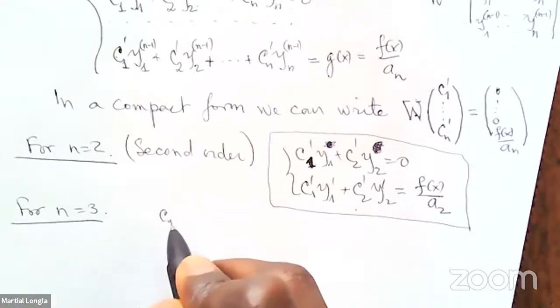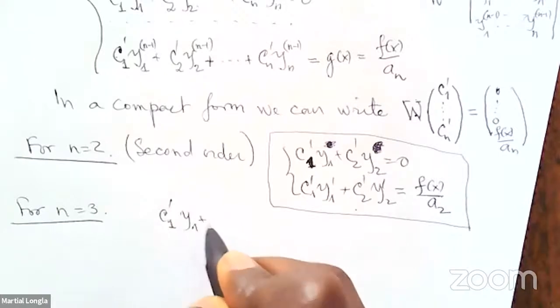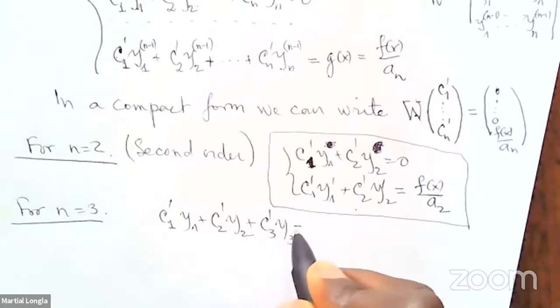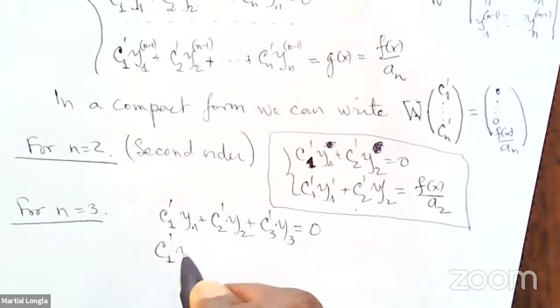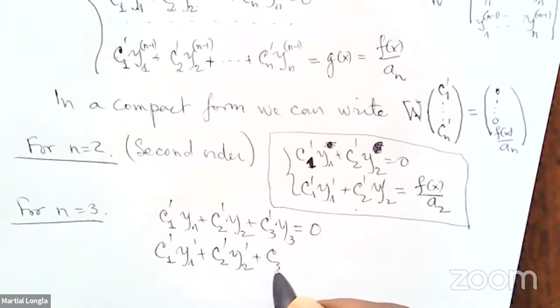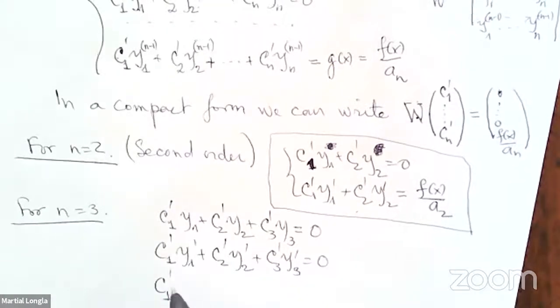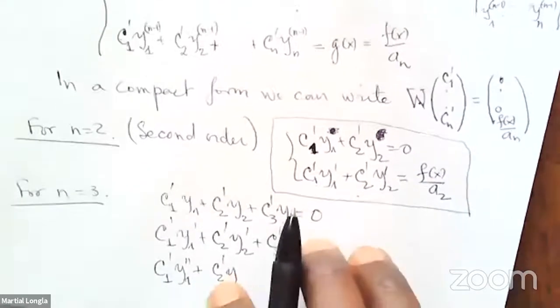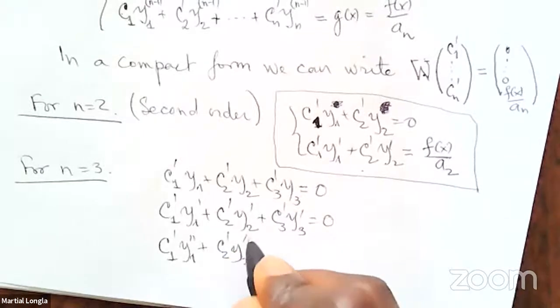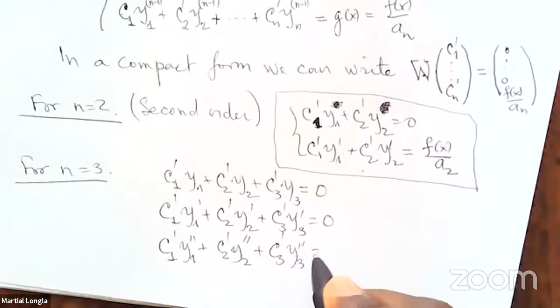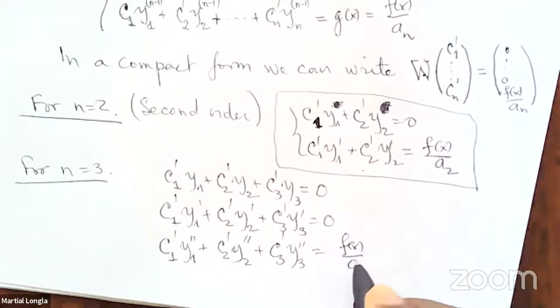So you're going to have c1 prime y1, c2 prime y2, c3 prime y3 equals 0, c1 prime y1 prime, c2 prime y2 prime, c3 prime y3 prime equals 0, and then c1 prime y1 second derivative, c2 prime y2 second derivative plus c3 prime y3 second derivative equals f of x over a3.